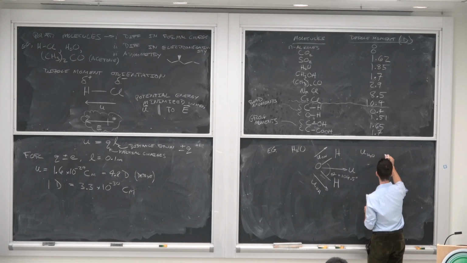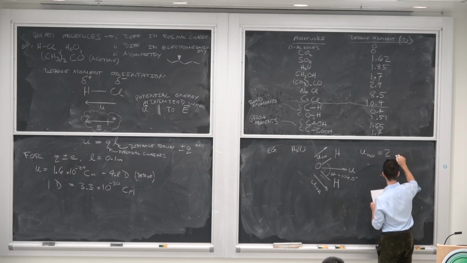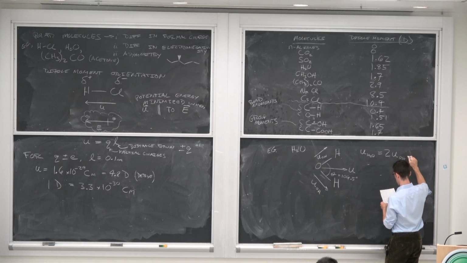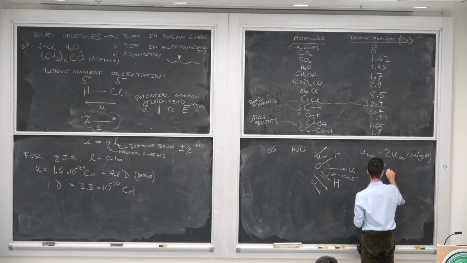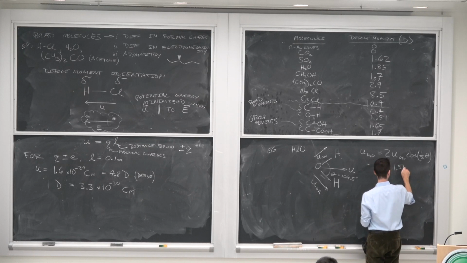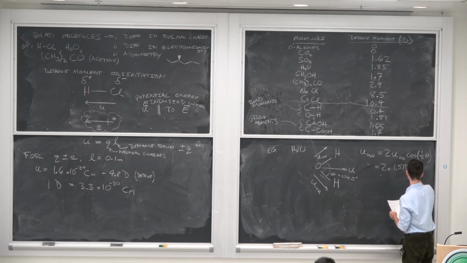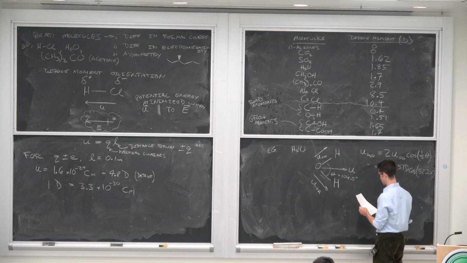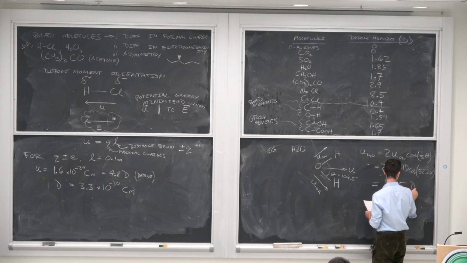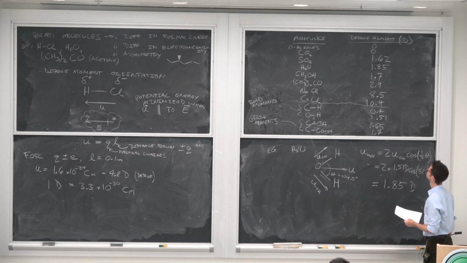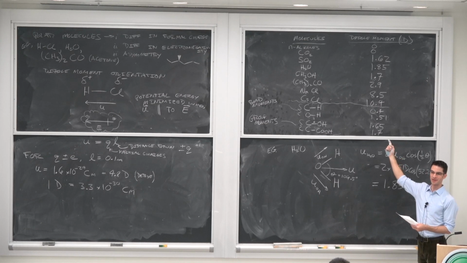Then U of H2O is 2 times U OH times cosine of 1/2 theta, or 2 times 1.51 D times cosine of 52.25 degrees, or 1.85 D, which is what I wrote up there.